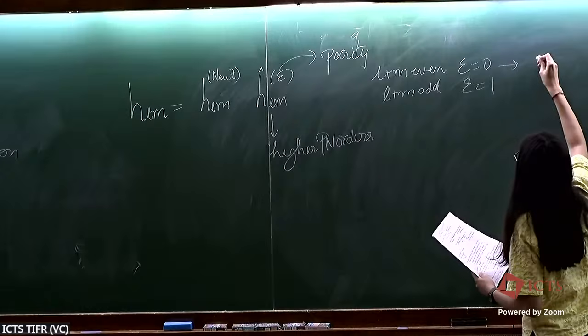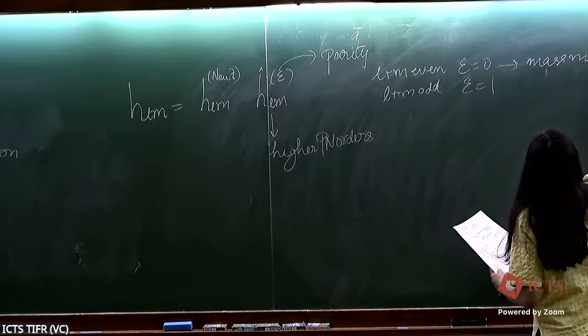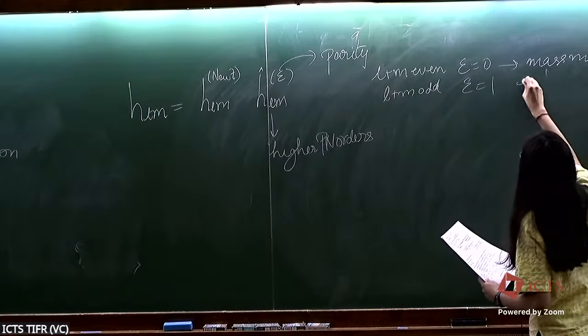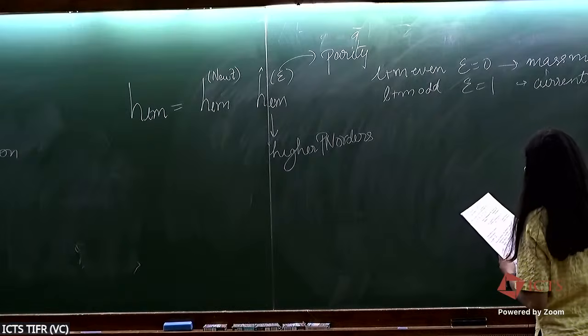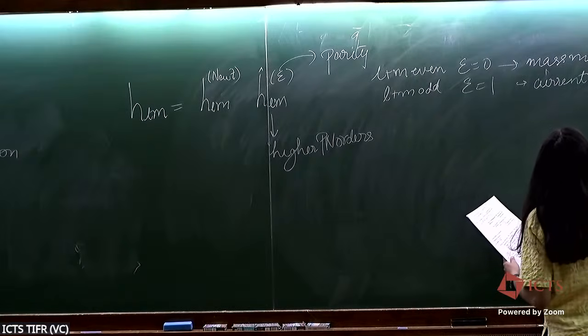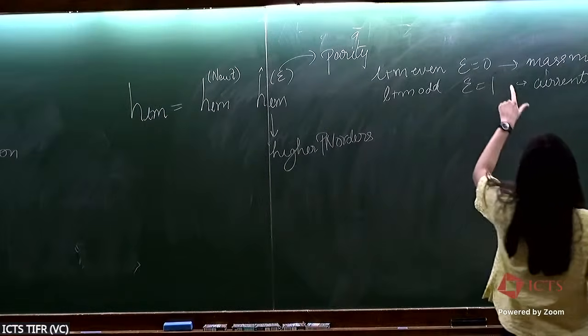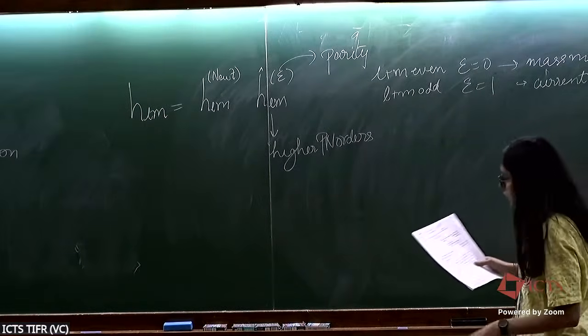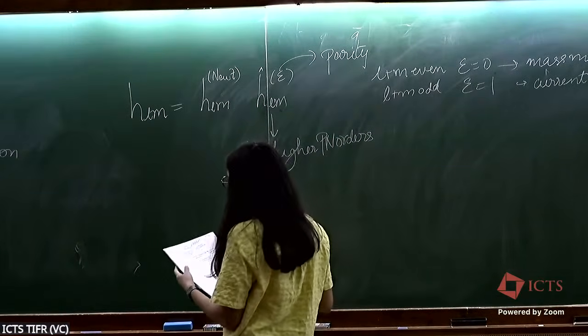This is the even parity or the mass moments, and these are the current moments. The difference between these two cases is that the numerical coefficients that will enter in this function would be different.